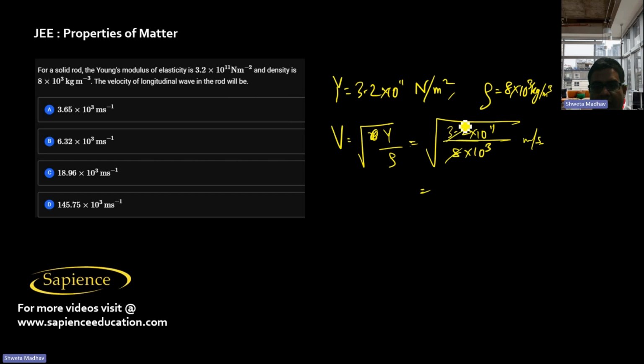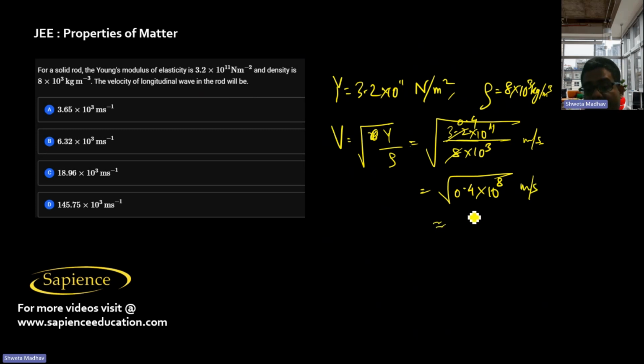So it will be 0.4 into 10 power 8, since 11 minus 3 is 8, meter per second.